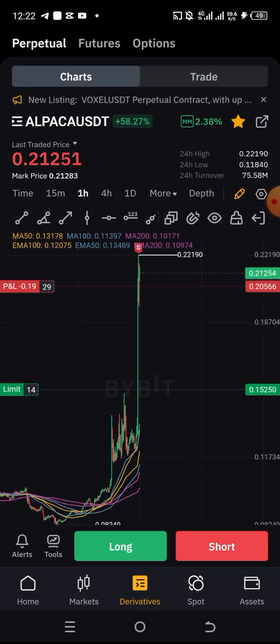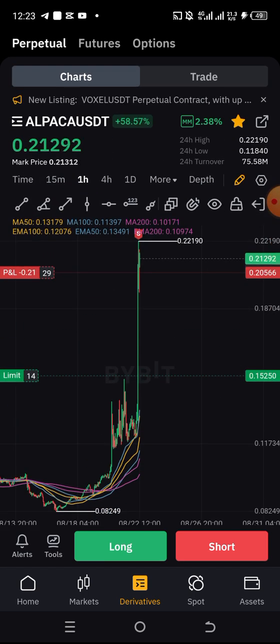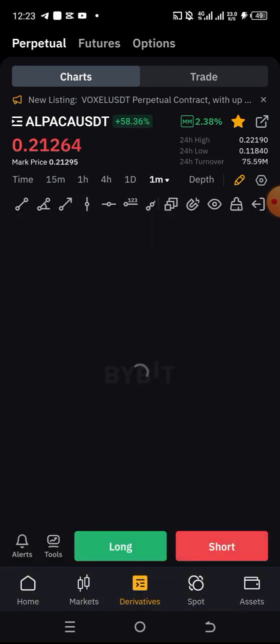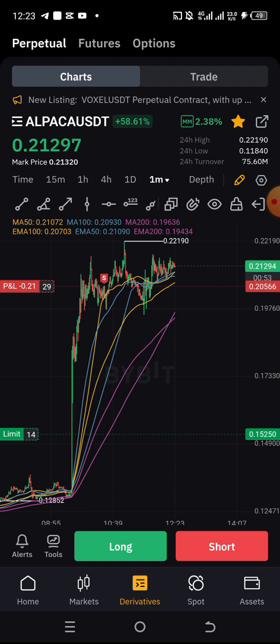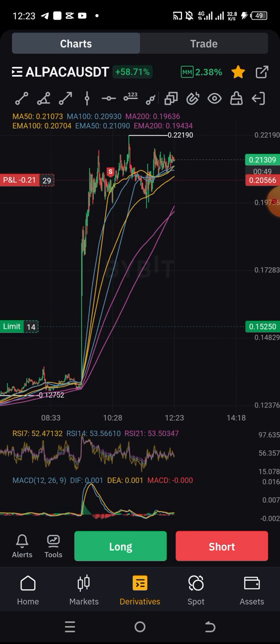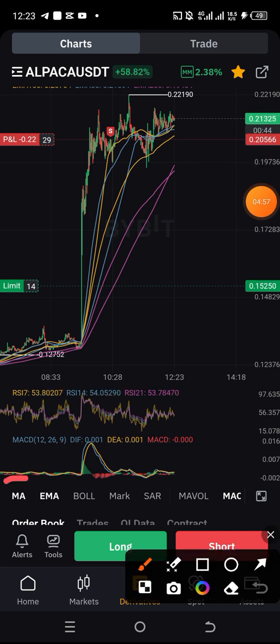The next thing you need to do is also to check your EMA and MA position. This time around, change your time frame to 1 minute time frame. As you can see, here is my MA indicator, and here is my EMA indicator. Make sure you turn on the two of them.